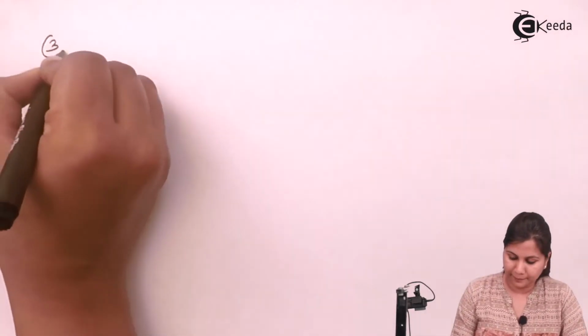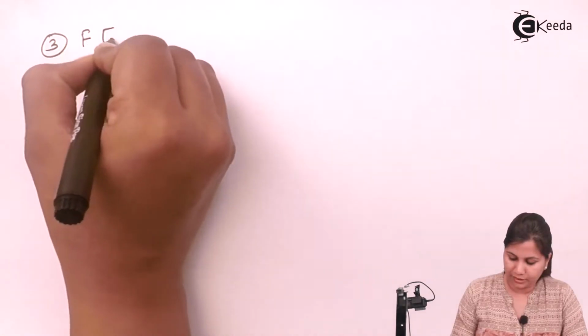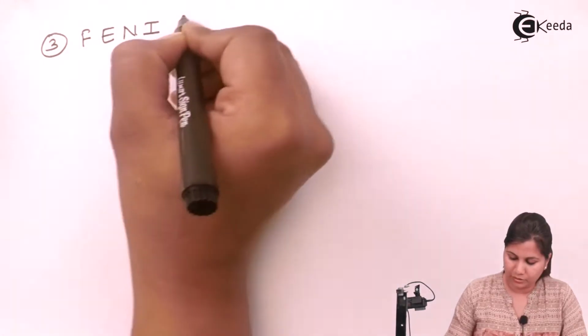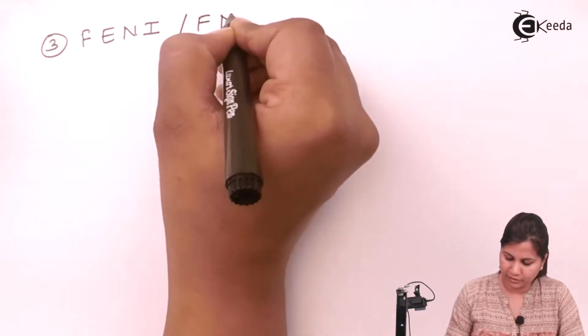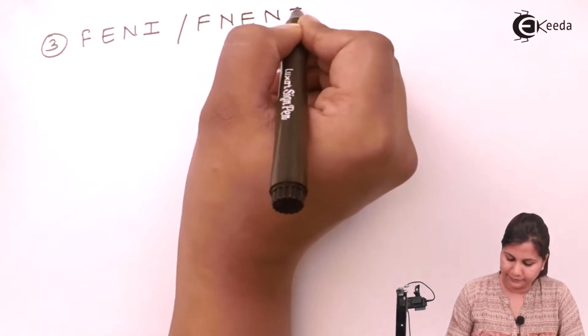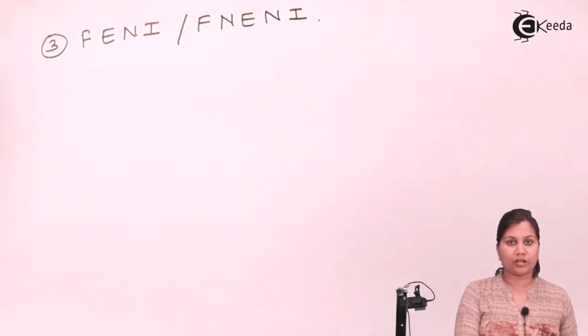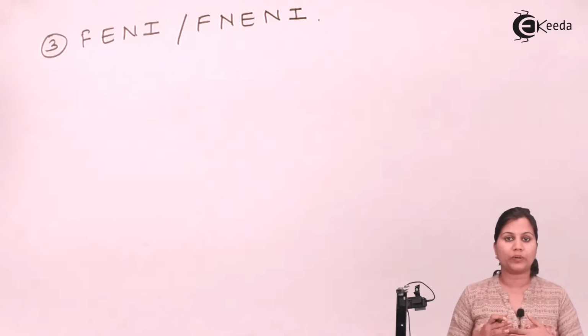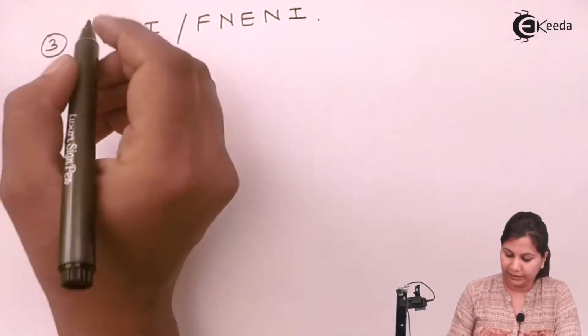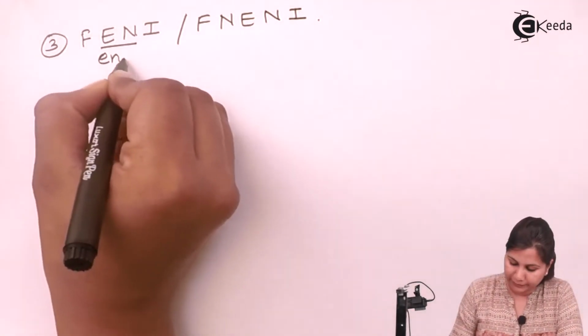Then we have the third instruction, FENI or FNENI. Just like the earlier instruction was disabling the interrupt pin, this instruction is going to enable the interrupt pin. EN is for enabling.